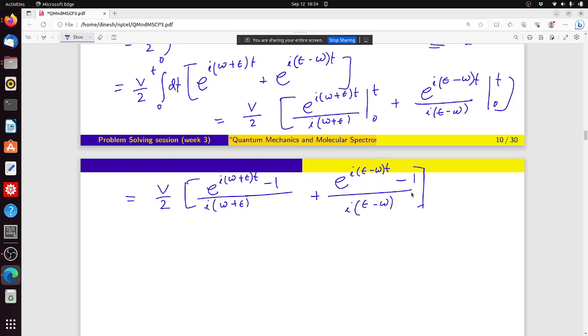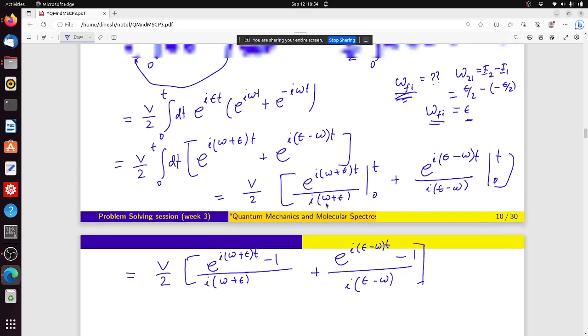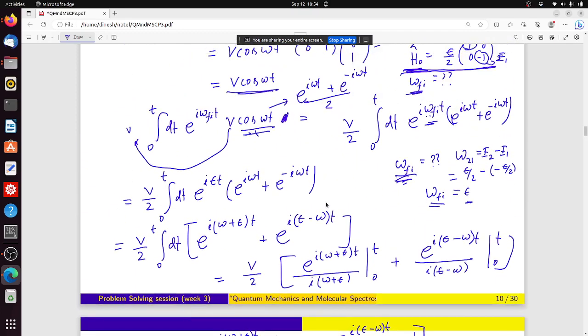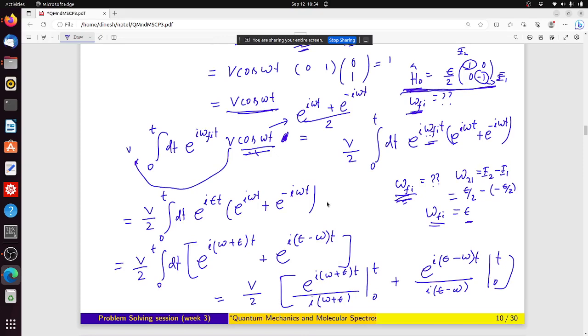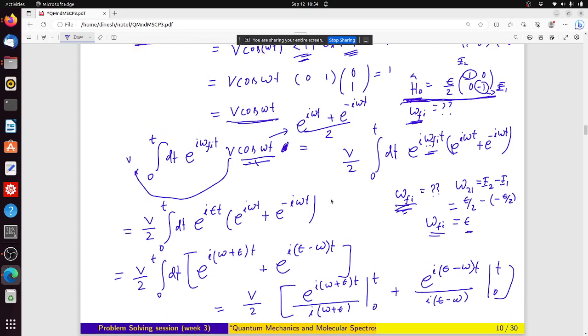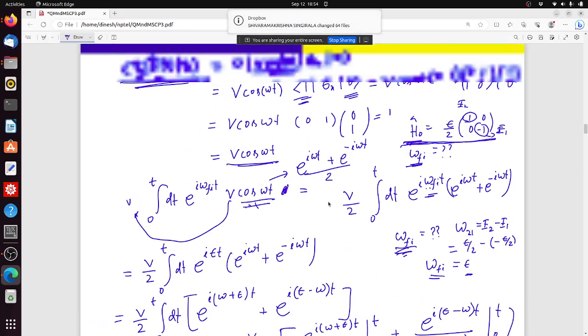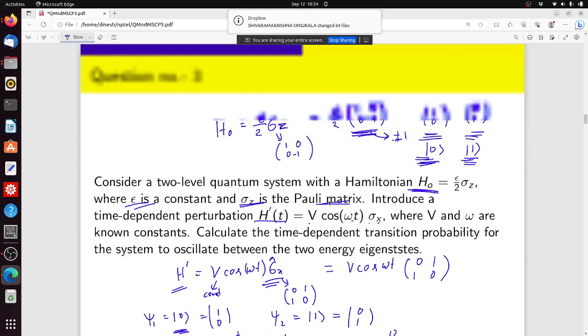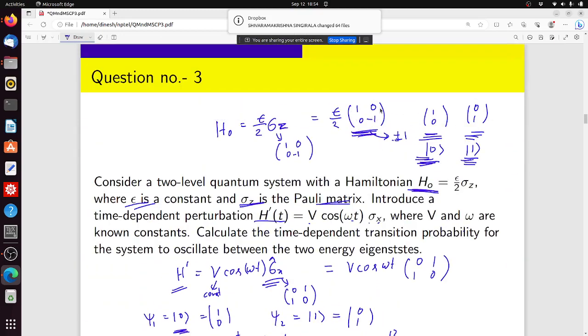Sir, one doubt. When you are putting the initial value of sigma, initially it is the 1 0 0 1 matrix, no? Yeah, it's actually Pauli matrix, 0 minus 1. But when you are writing H prime there, 0 1 1 0, this is minus 1 minus 1.